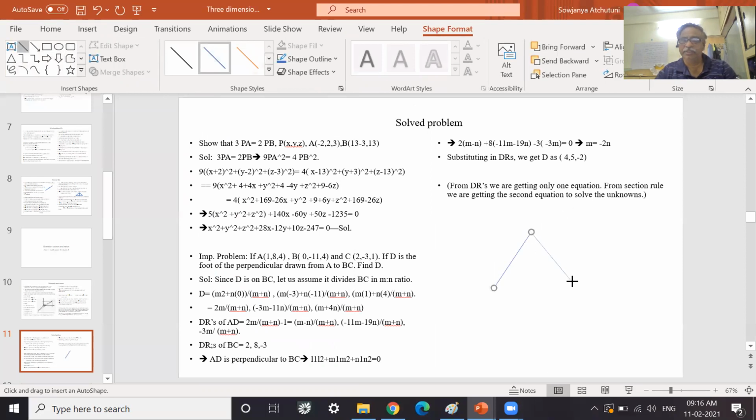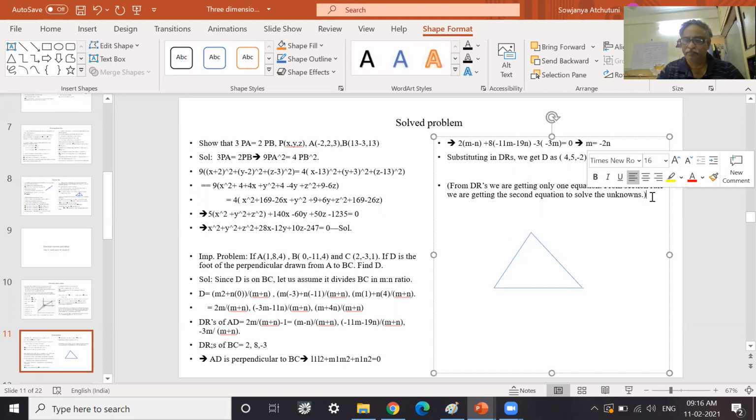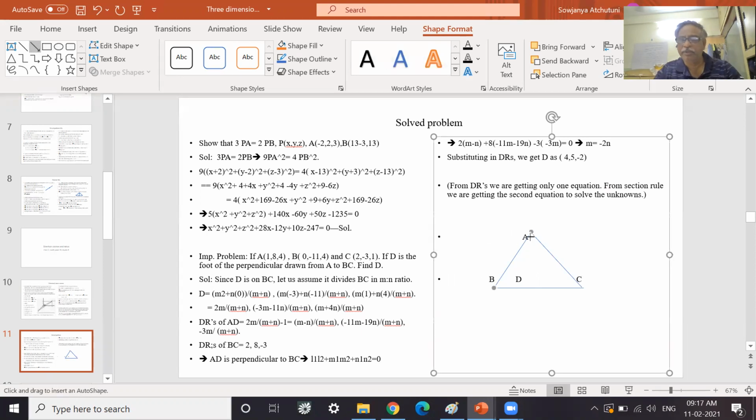Take ABC, this is the triangle. A, B, now we have dropped a perpendicular from here.